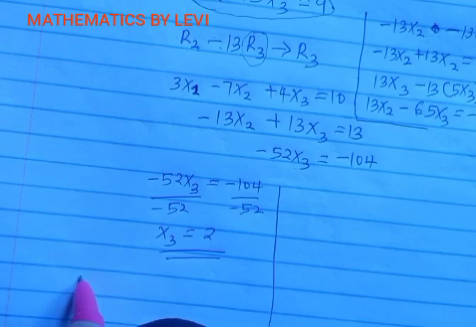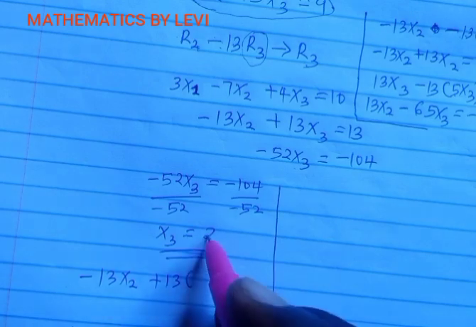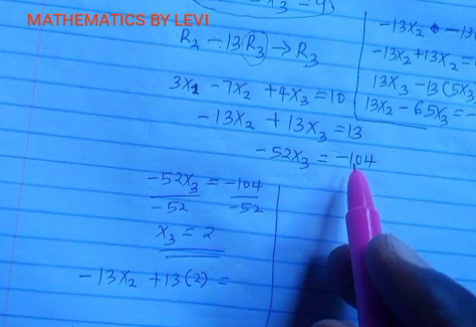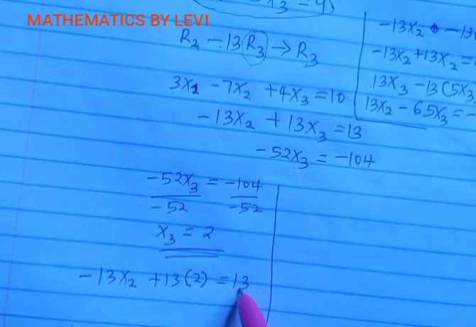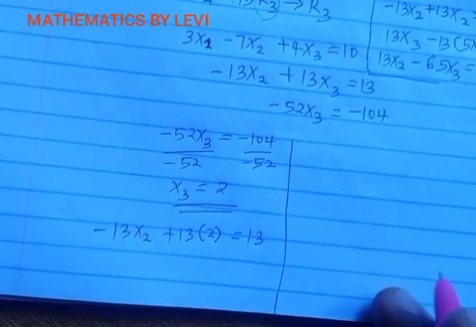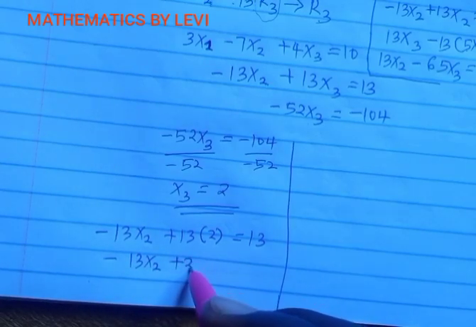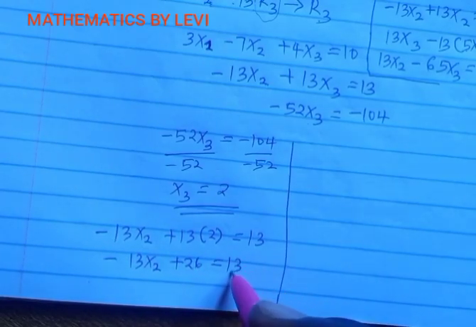Now, since I have obtained my x3 as 2, let us go to the second equation. The second equation is negative 13x2 plus 13x3, but my x3 is 2, equals to 13. So that means I will have negative 13x2 plus 26 equals to 13.